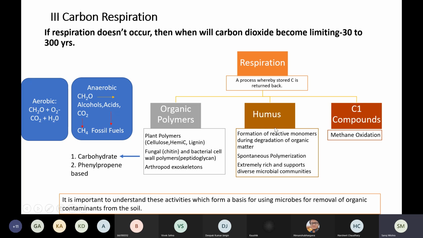Okay, so if you look at the plant matter, or even algae, etc., they are going to store these organic polymers in the form of either cellulose or hemicellulose or lignin.